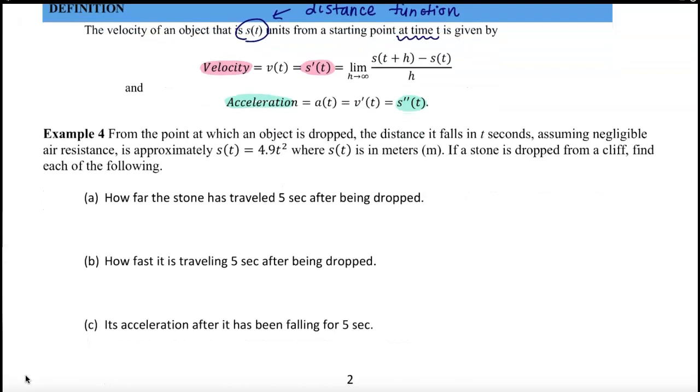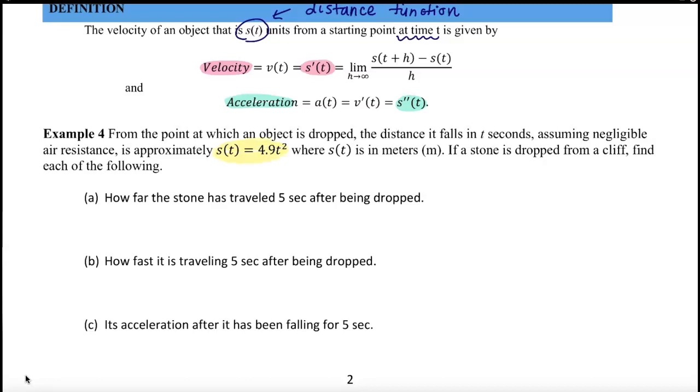Example 4: from the point at which an object is dropped, the distance it falls in t seconds, assuming negligible air resistance, is approximated by the function s of t equals 4.9 t squared.